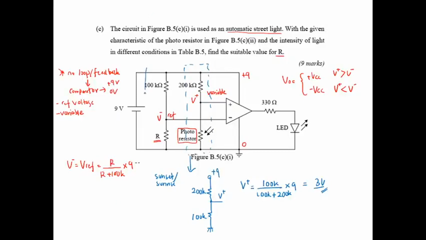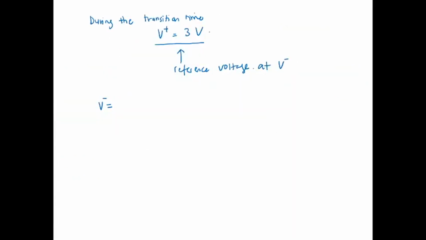So V minus is equal to R over 100 plus R times 9. So R over R plus 100K times 9 is equal to 3. You can solve this. Finally, you get the R value is 50 kilo ohm. So this is your answer for this question.